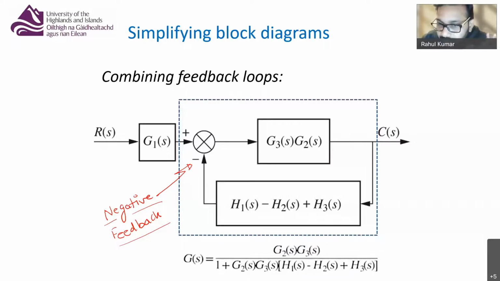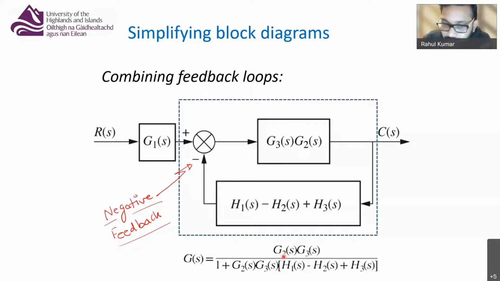Now, if you note the blue dotted box, within that block you have a closed loop system, and G3 multiplied by G2, that is your forward path gain, and this entire expression H1 minus H2 plus H3, that is your feedback gain. Okay, so I have just now discussed the formula to reduce this block. So again, I can apply that formula here, right?